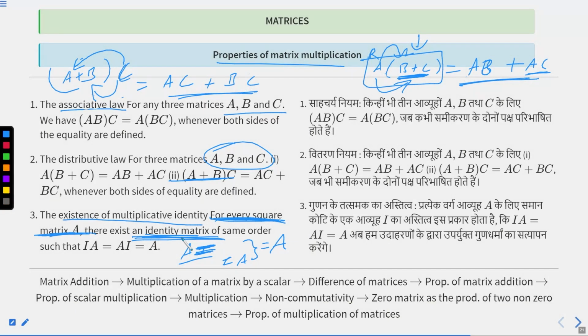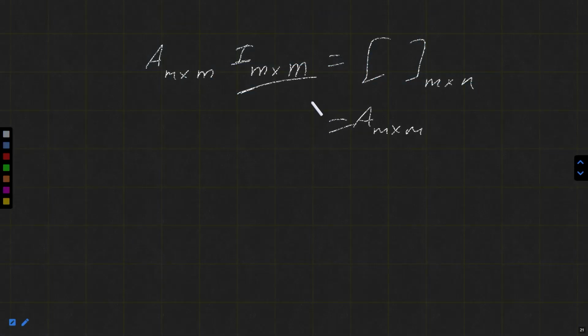Okay, as it is already written here, there exists an identity matrix of the same order. Now you have understood every word in this third point, why we needed A as a square matrix, and why the existing identity matrix is of the same square order, as you can see.